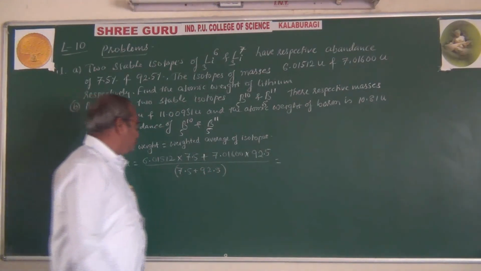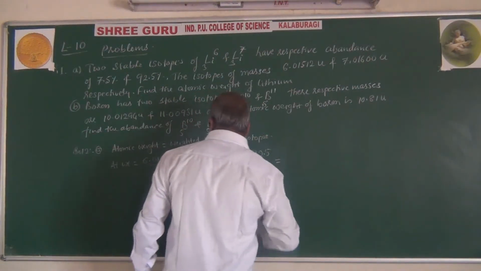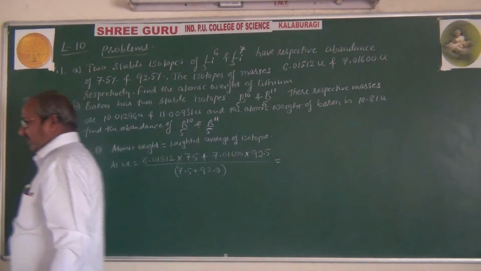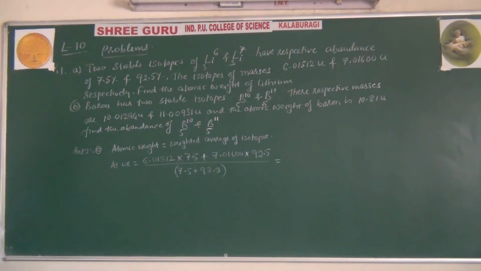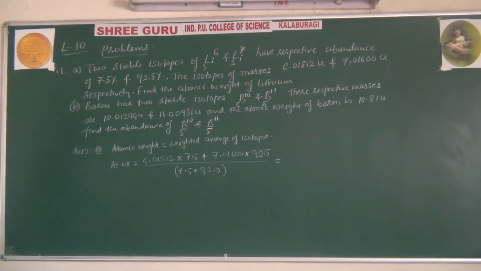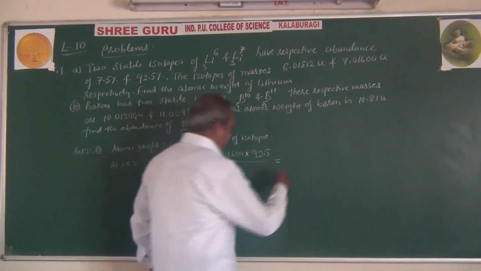So this gives the atomic weight of the lithium, and here you have to multiply. It is better to use a calculator, because the simplification involves odd and big numbers. By using the calculator you have to simplify.